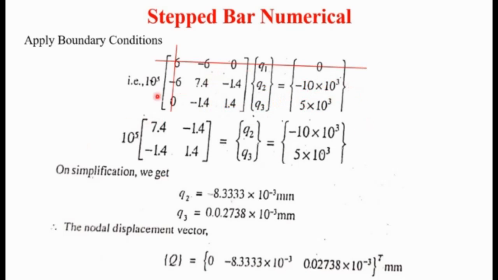Here we can see this is the matrix. By simplifying these equations, the first equation is 7.4 into q2 minus 1.4 into q3 is equal to minus 10 into 10 raised to 3.